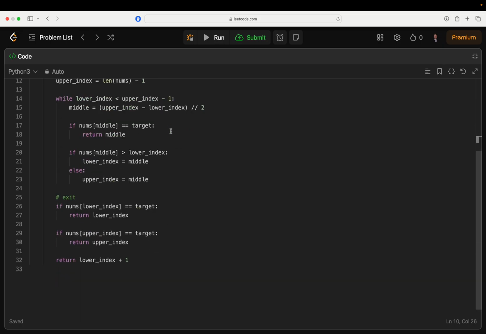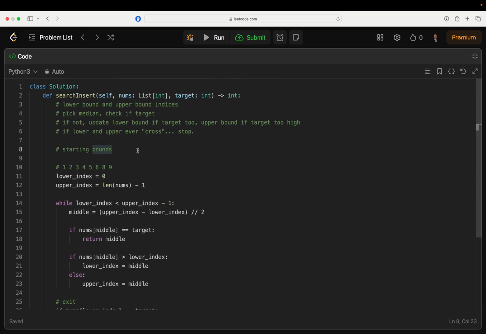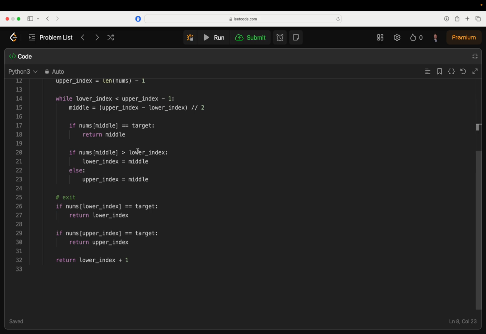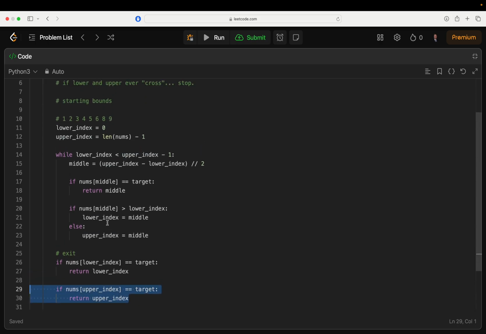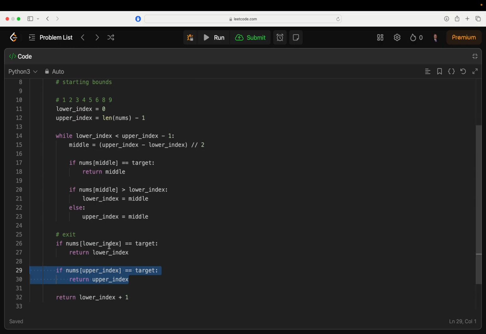Okay, so we could just put an edge case here if it were given a list length of 1. Because down here we could just get rid of this, because this will only be reached when they are 1 apart.